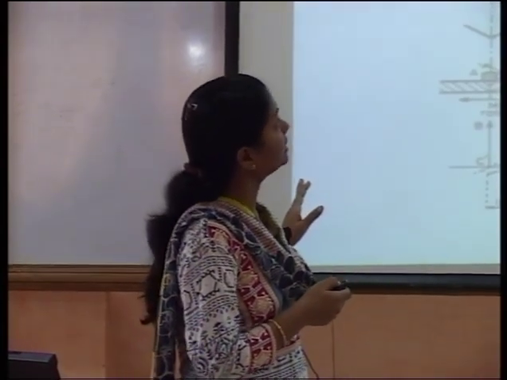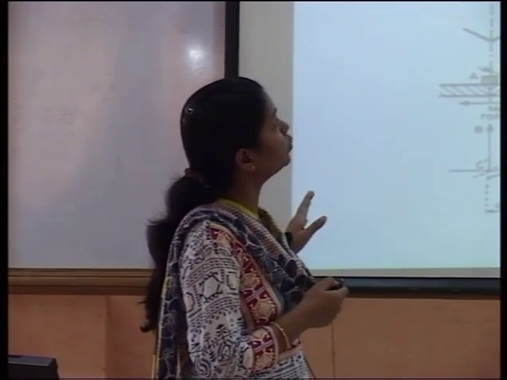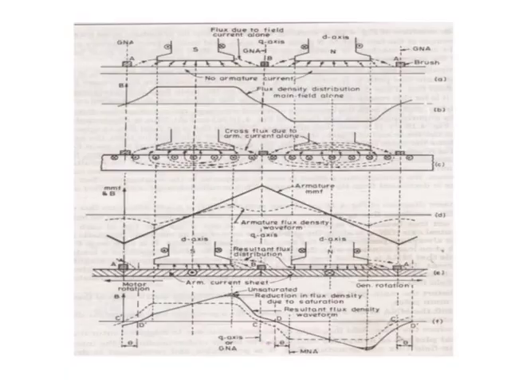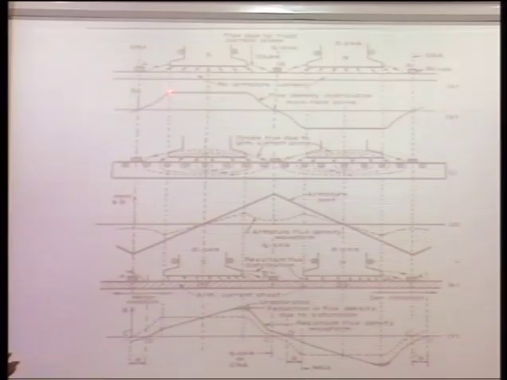So in this diagram, again it is a two pole machine, that is south and north. Now the flux density is uniform under the pole, that is the flux density from this point to this point is constant, because under the pole the air gap is constant, that is why the flux density is also constant.